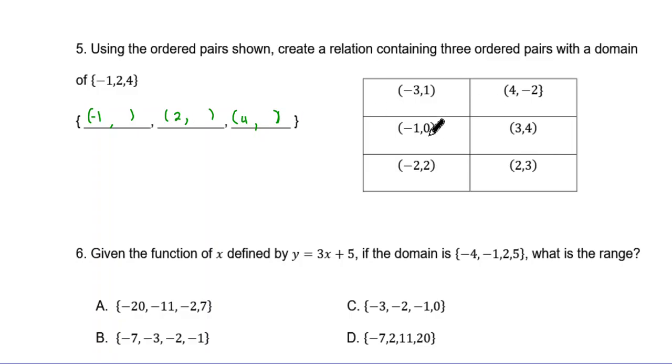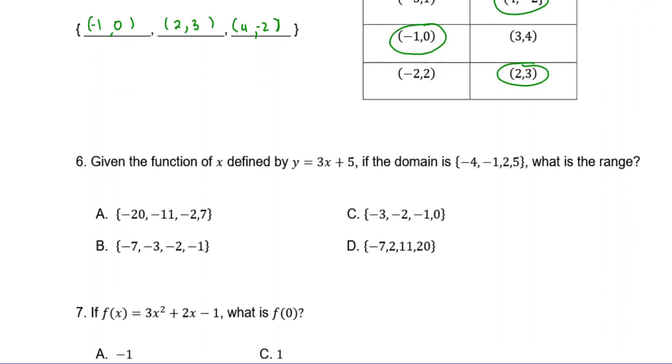Okay, -1 is this one, 2 is that one, and then 4 would be this one. It's just pure vocabulary. They're just trying to see if you know what domain and range is, which you do.